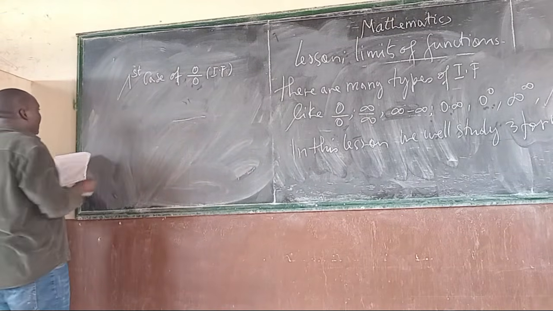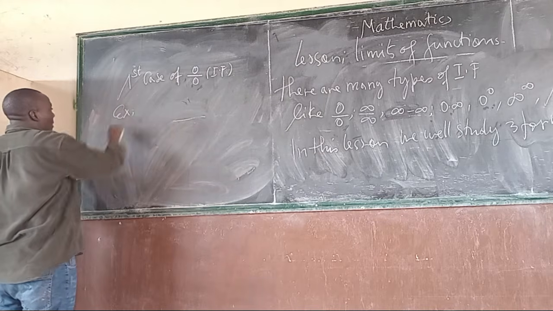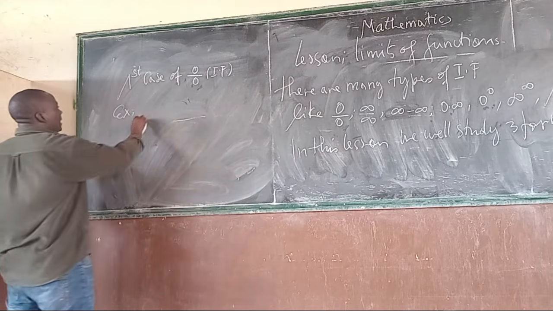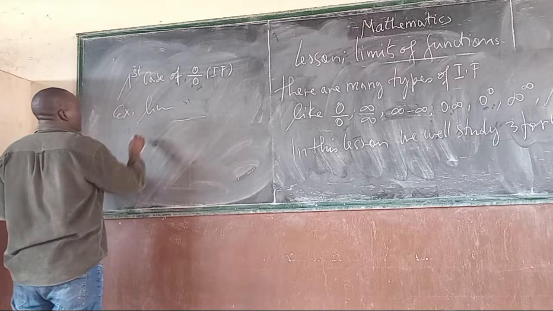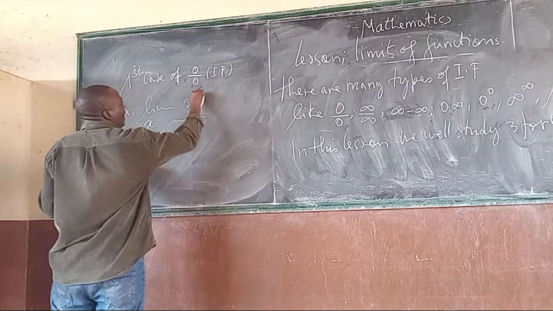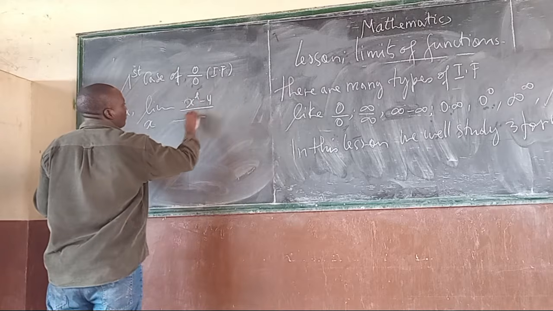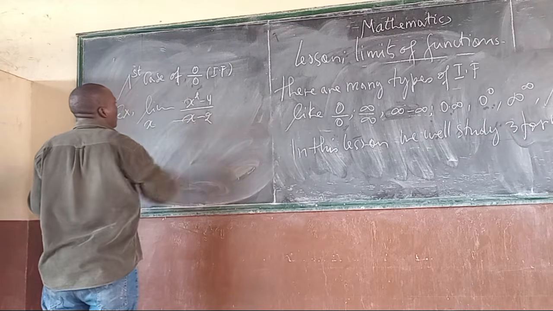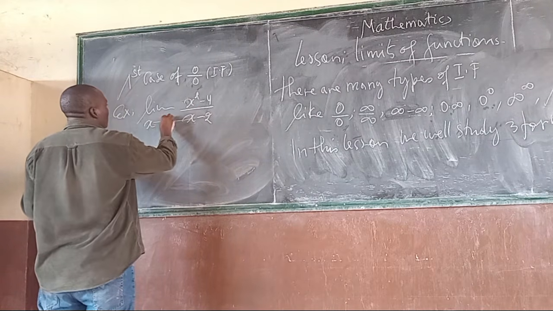Let us deal with example number 1. We ask you to find the limit of your given function, x squared negative 4 out of x negative 2, where x approaches 2.